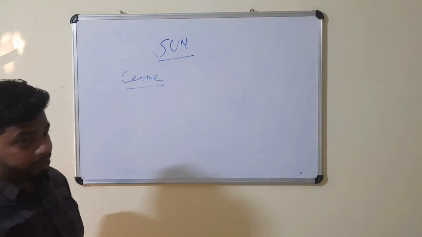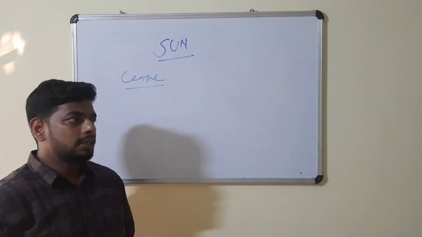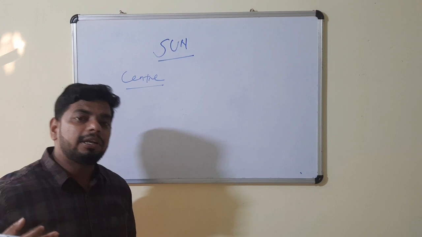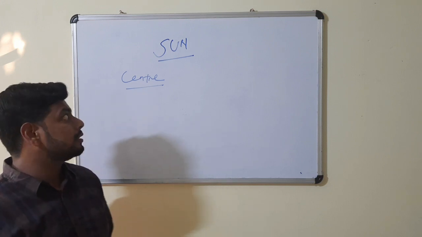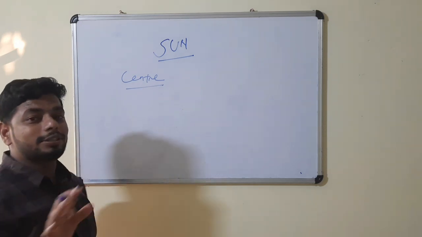Since the 16th century, through various telescopes and scientific and mathematical evidence, it has been shown that the sun is at the center of our solar system.